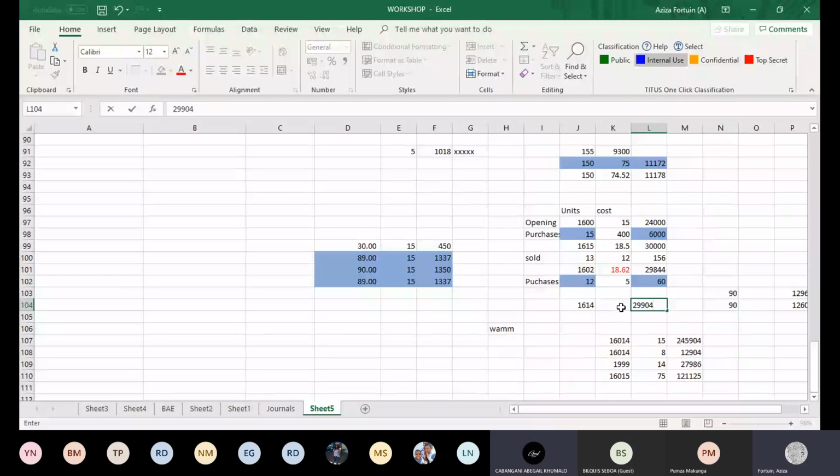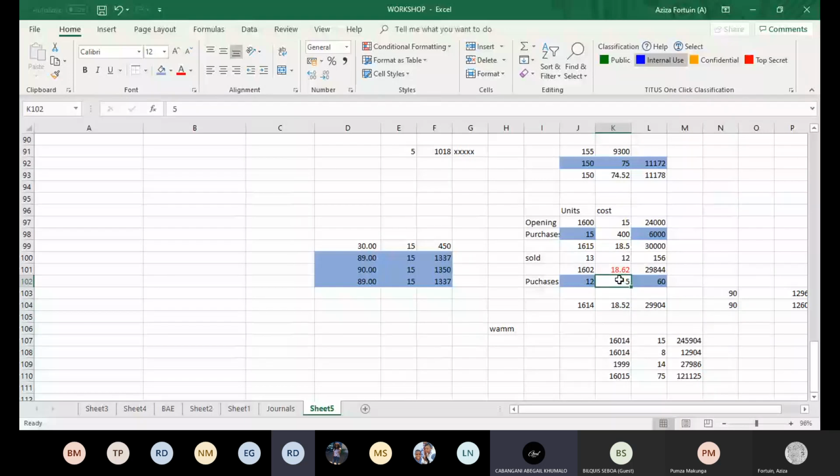Or am I wrong? I made a mistake here. I had 240,000 instead of 24,000 for the cost at the opening balance, so I had an extra zero there.